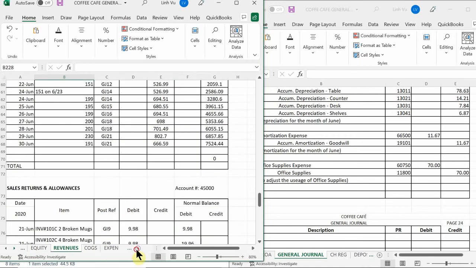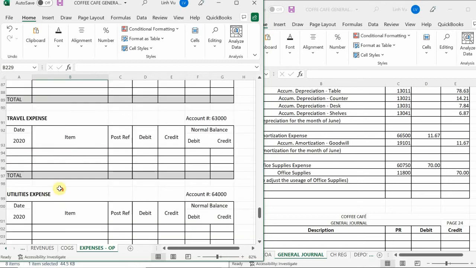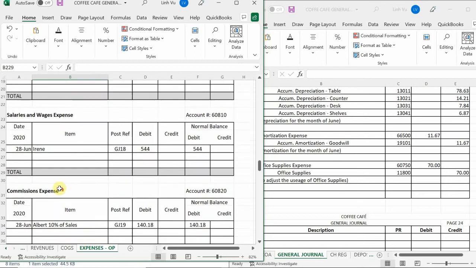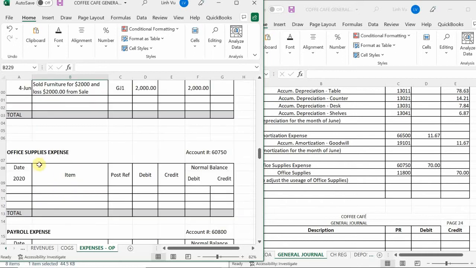And I need to also update my expense here for my office supplies account, expense account. So here I am, office supplies expense. This is an adjustment, usage of office supplies.